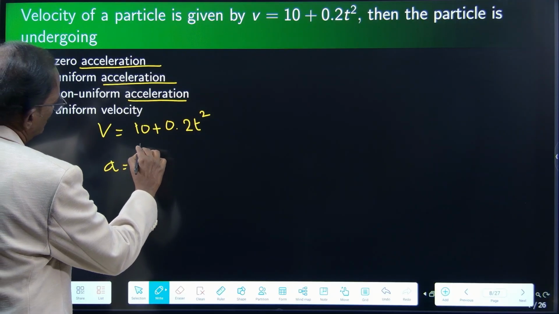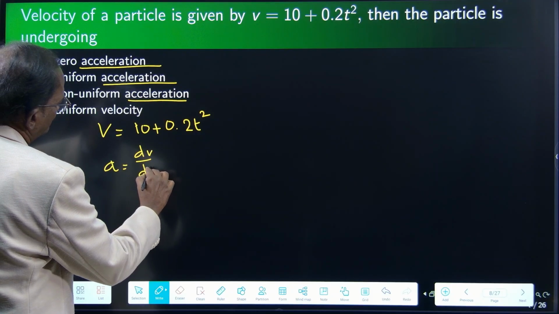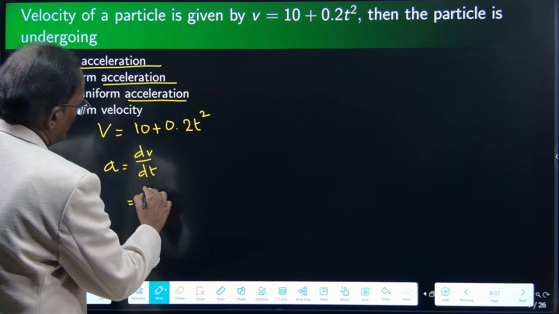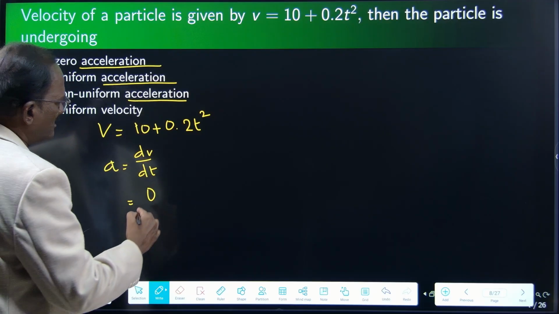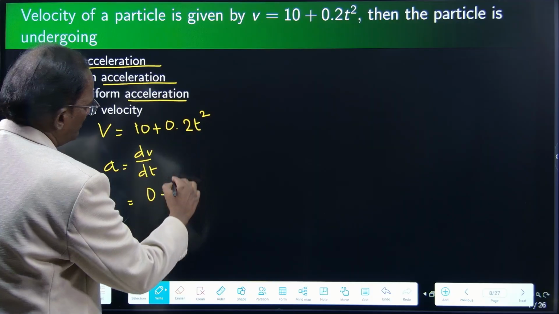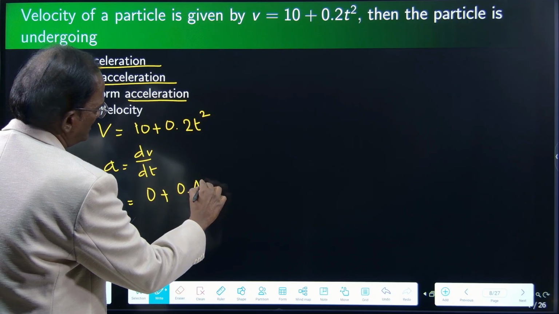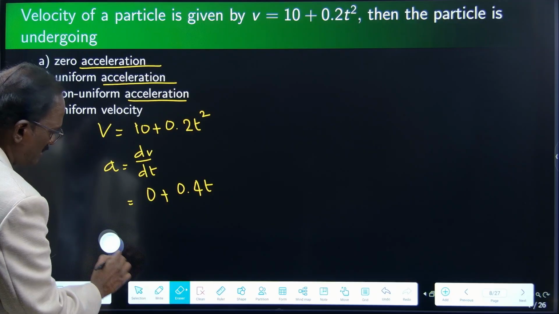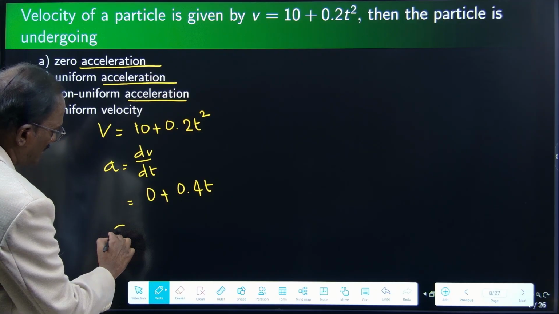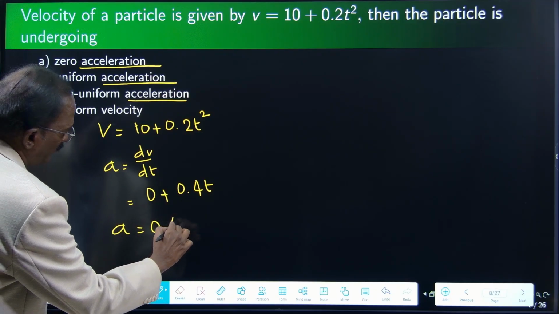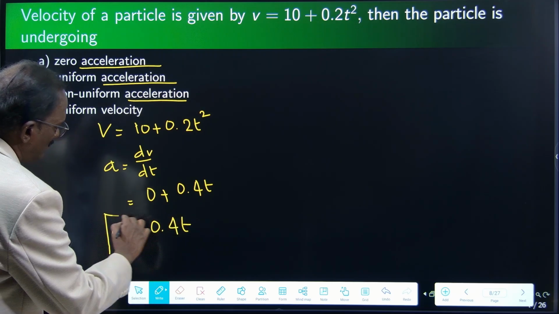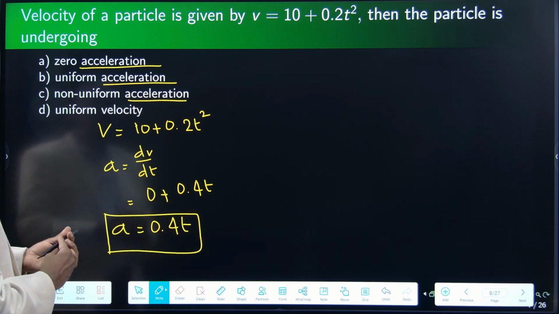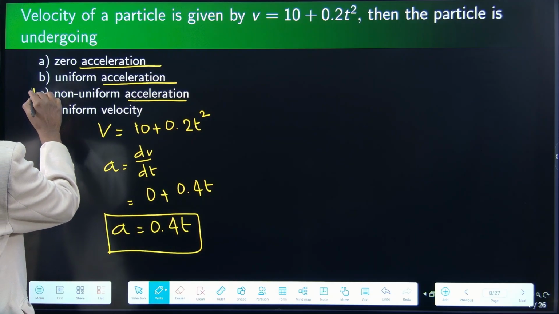Let us find what is the acceleration. A is equal to dv by dt. So differentiation of velocity: this is 0, differentiation of constant. Then this is 2 into 0.2, 0.4 t. So acceleration is 0.4 t. So the time factor is coming, so it is a variable, non-uniform acceleration.